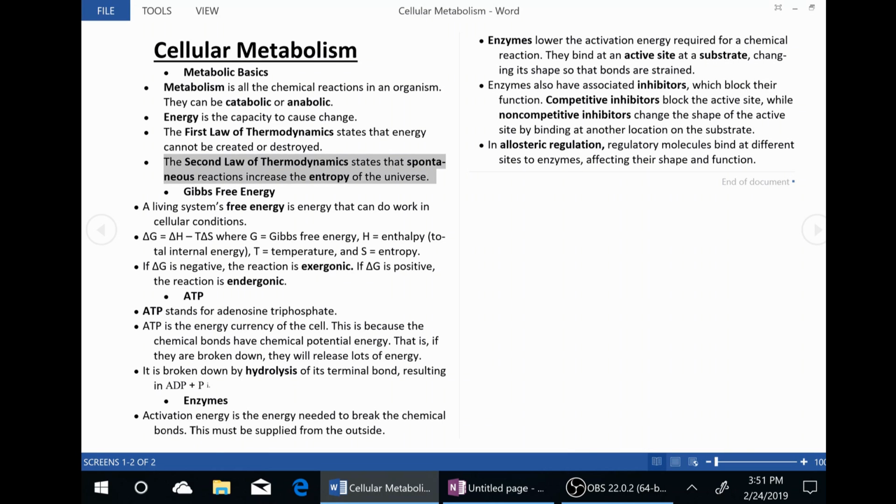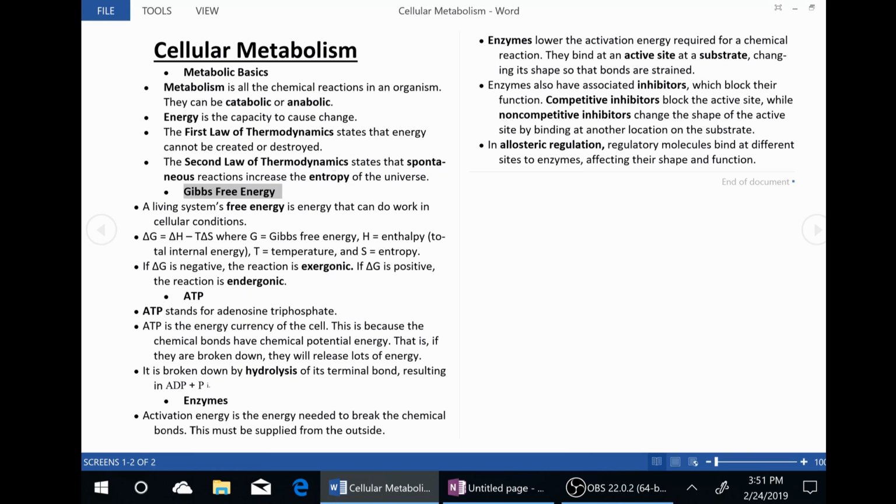Whereas if you're trying to build a glucose molecule, then that would require energy. These types of reactions that don't require energy will increase the entropy of the universe. In other words, they're going to make the universe more disorderly. They're going to release energy, and sometimes that energy can be used to destroy things, for example. So that's why it increases the entropy of the universe.